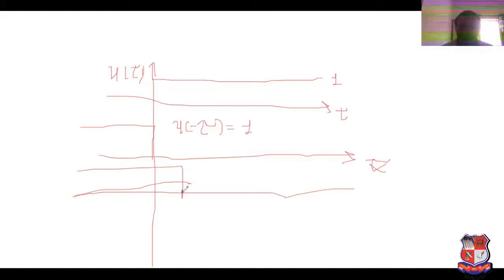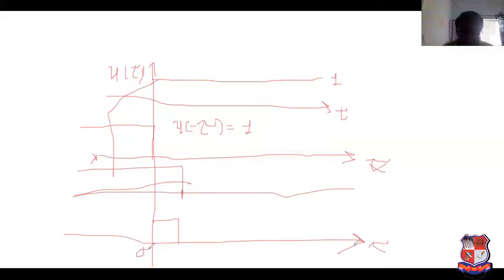So u of minus tau plus t means u of t minus tau. Now if you multiply with this, we get the final limit from 0 to t. Here the amplitude is 0, here t, and here the amplitude is 1. So u of tau into u of t minus tau is equal to 1. I have mentioned it here in the diagram.